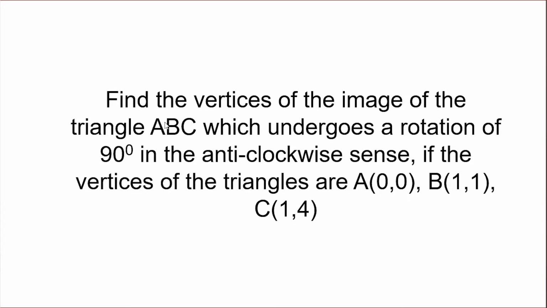Find the vertices of the image of the triangle, meaning a matrix has to exist. What is the matrix there? That 90 degrees will produce our matrix. What is our object? ABC. Now, what is our image? Image is what we are looking for. Now, let us see how we can generate the image.